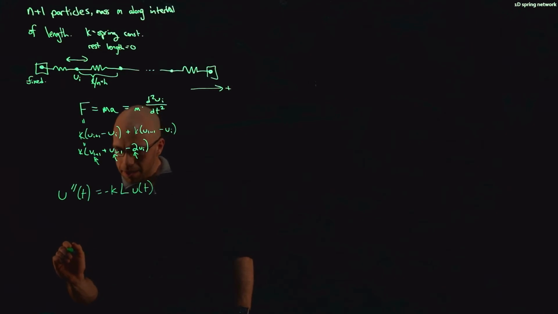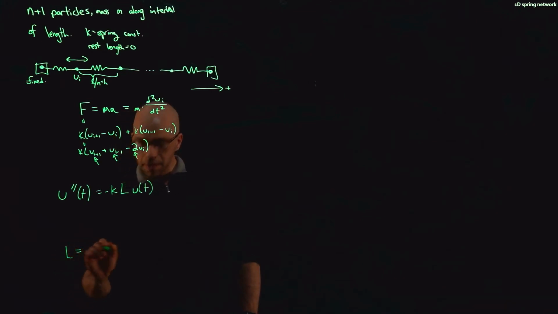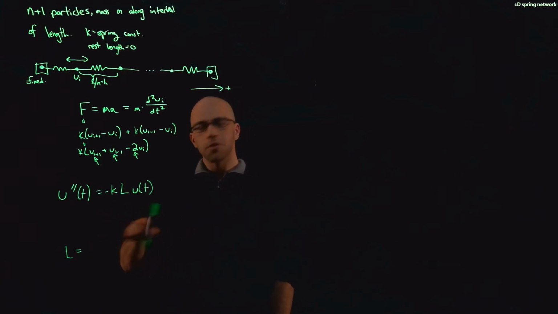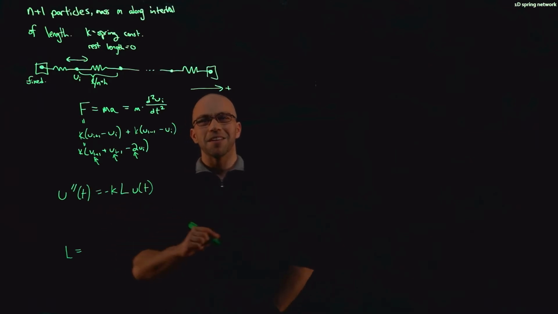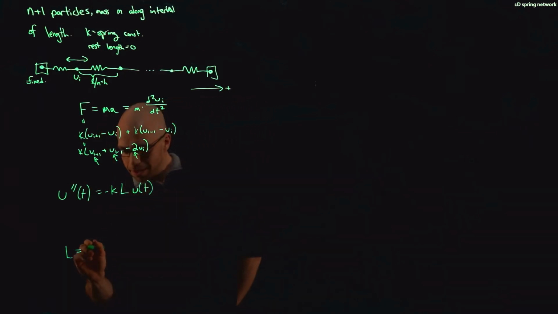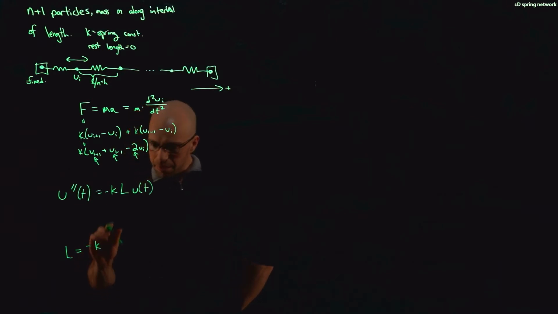So again, I'm not going to worry about the first and last rows a whole lot. Maybe actually, for consistency, I'm only going to worry about the inner vertices. I'm just going to assume the first and last one are fixed so that their double prime is equal to 0.